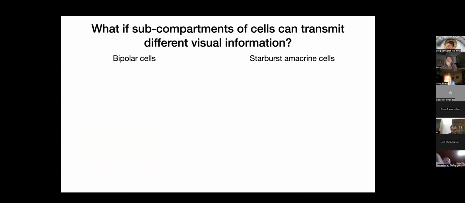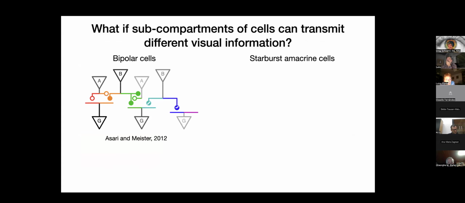So what if the subcompartments of cells can actually transmit their own different visual information? This idea was shown in this supplemental figure, actually from this paper in 2012 by Asari and Meister. I would argue that this paper had some suggestive data, but was really far from actually proving it. But it was a really interesting hypothesis.